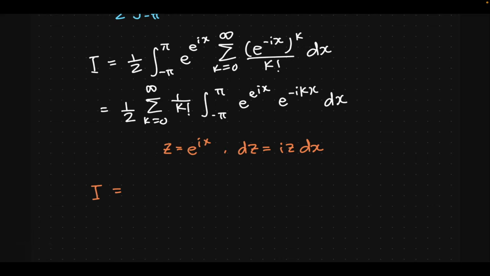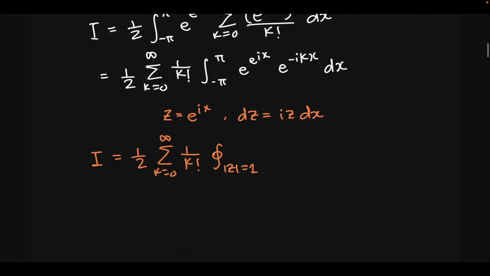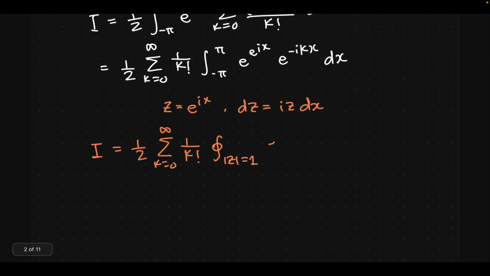So the integral actually is 1/2 sum 0 to infinity of the 1 over k factorial term, and we actually have a closed contour, which is the unit circle in the z plane, e to the z, z to the minus k over iz dz.